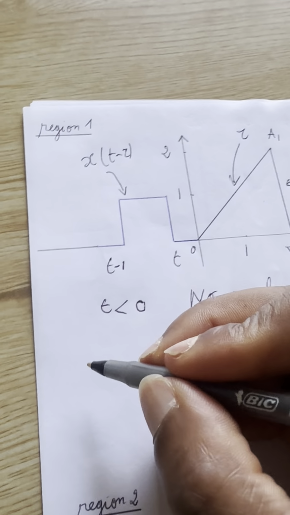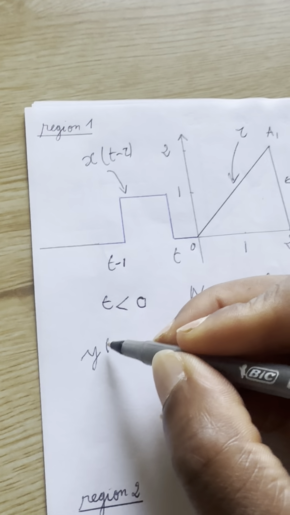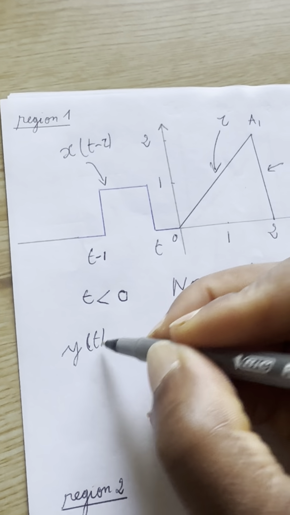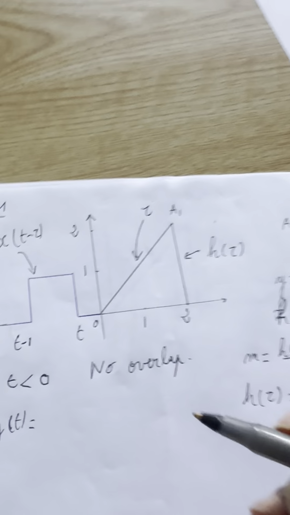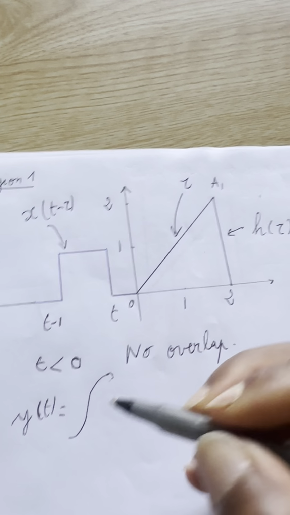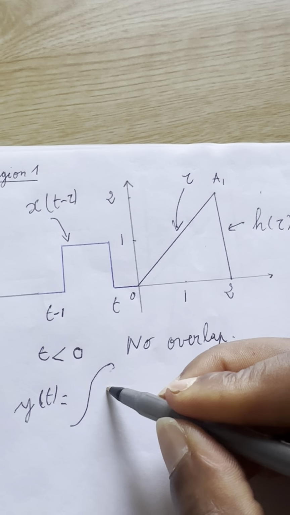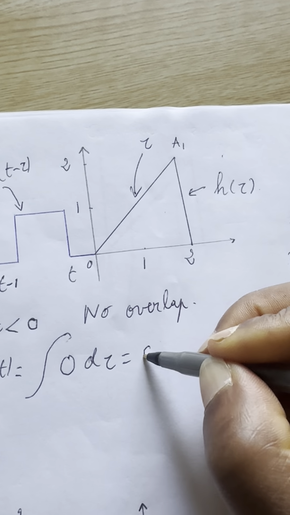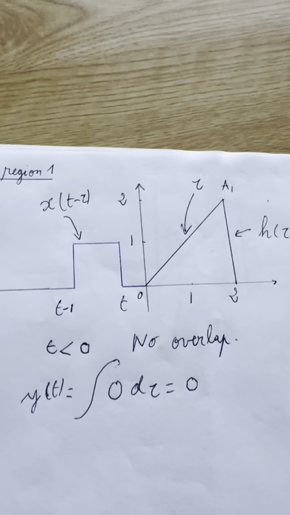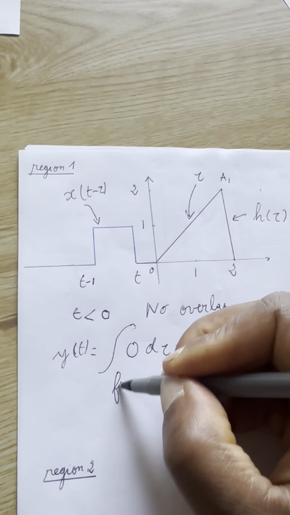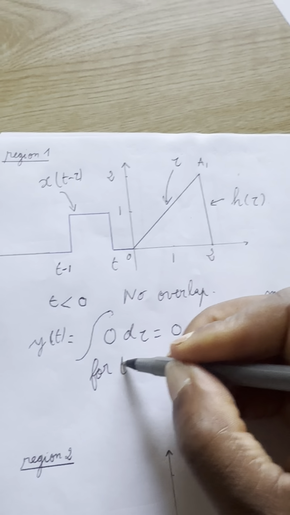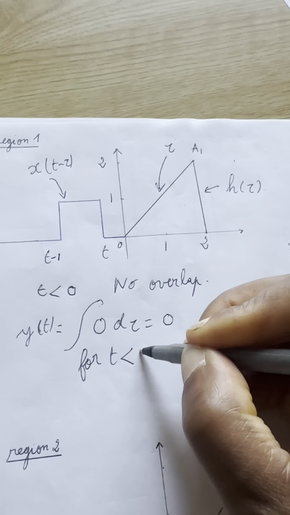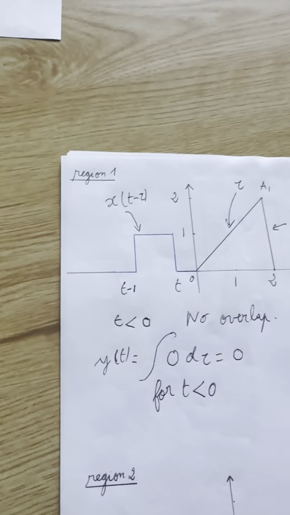So y(t) equals the integral of 0 d tau, which equals 0. Okay. For t less than 0, no overlap.